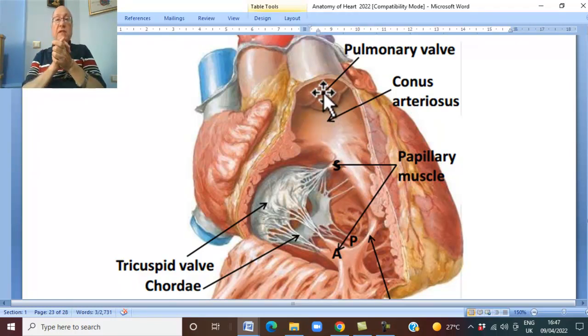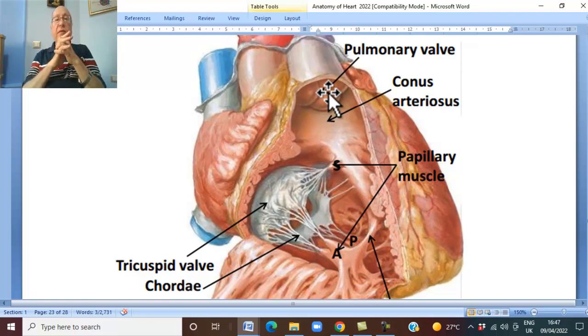This pulmonary orifice lies between the right ventricle and the pulmonary trunk. And also, this orifice is surrounded by a fibrous ring, which gives the attachment to the cusps of the pulmonary valve.